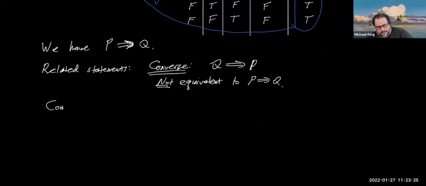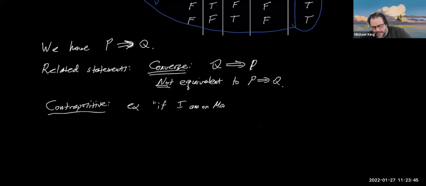The contrapositive, though, is interesting. Let's look at this example again. Maybe I'll say it a little bit differently. If I am on Mars, then I'm greeted by little green aliens.